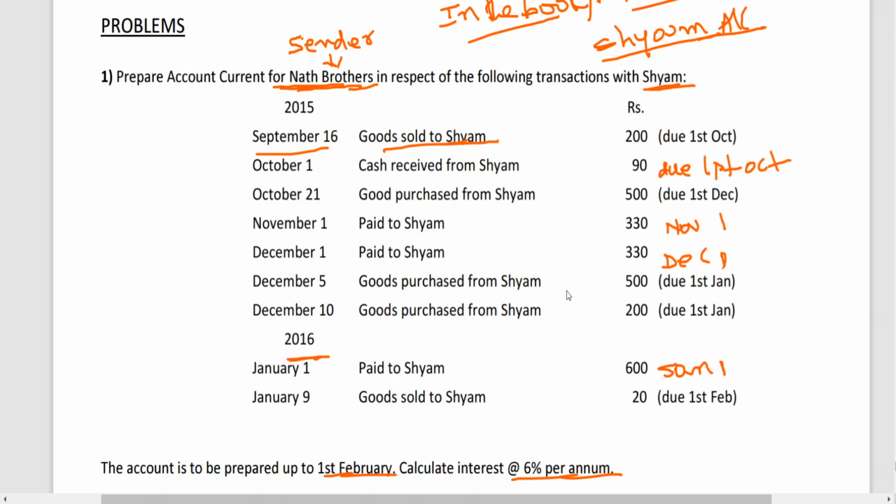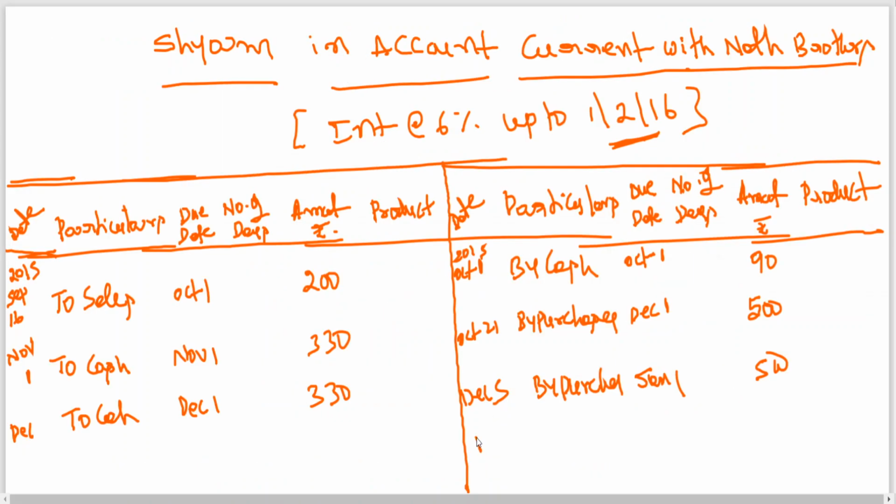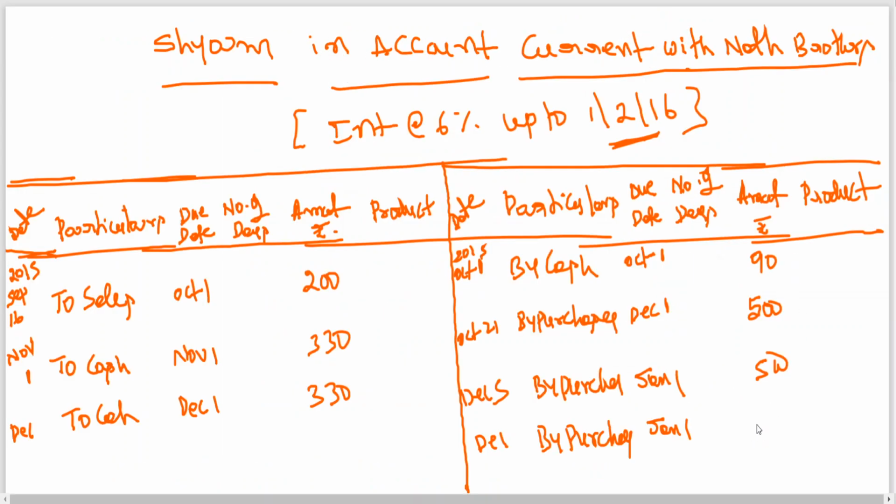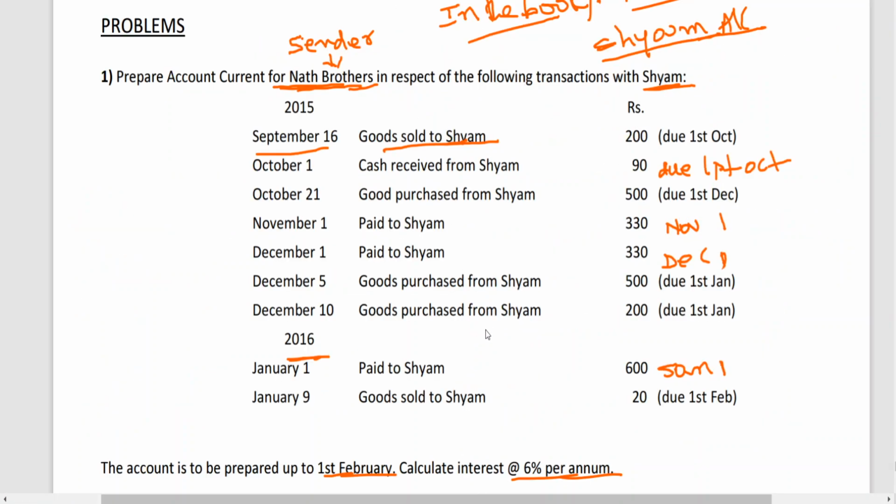December 10th purchased, 1st January, 200 rupees. Okay.